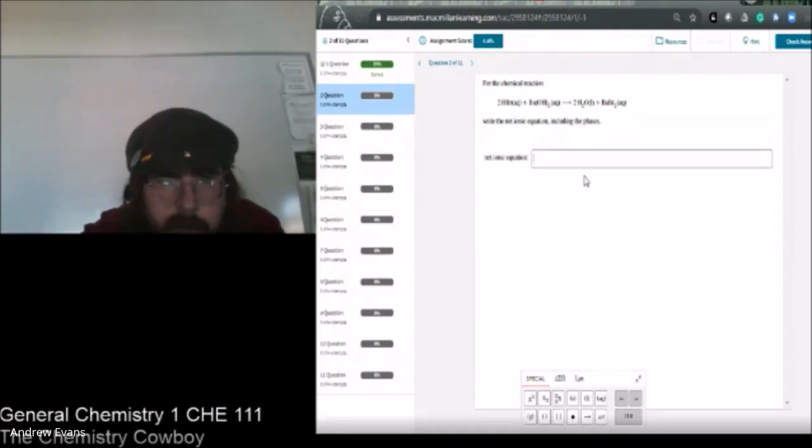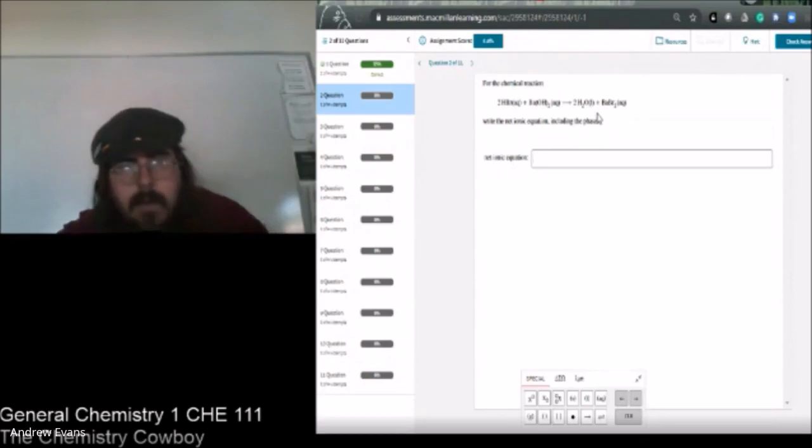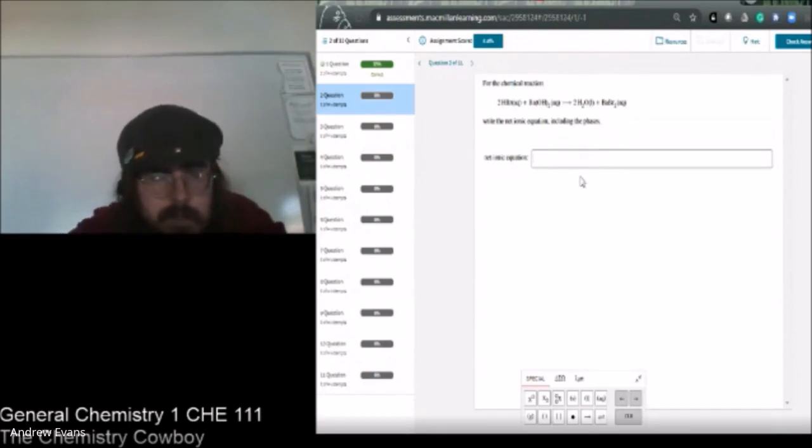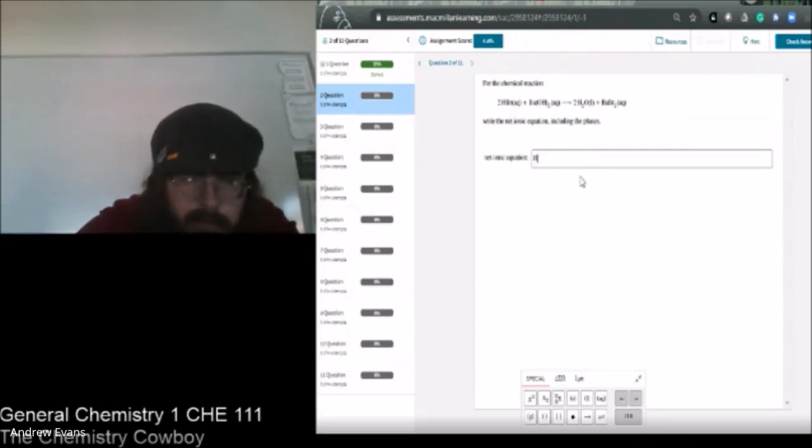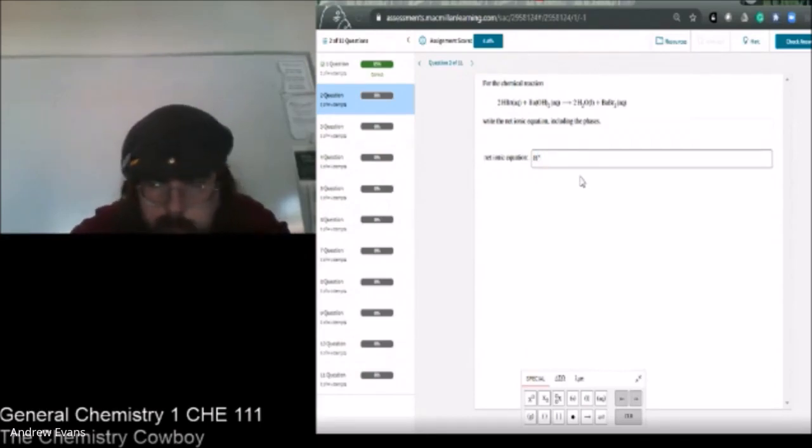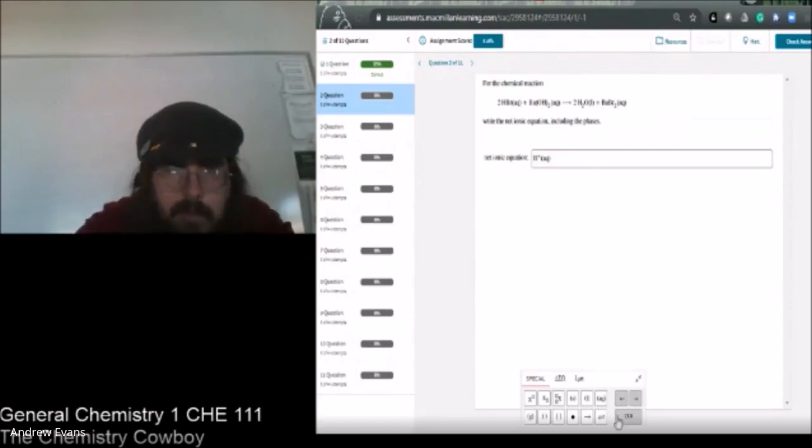Write the net ionic equation, including the phases. With this in mind, I would write this as 2H plus, 2Br minus, Ba2 plus, and 2 hydroxide goes to 2H2O and Ba2 plus and 2Br minus.